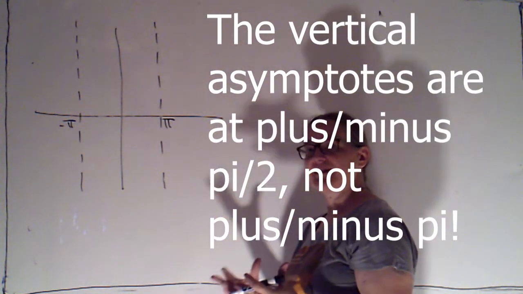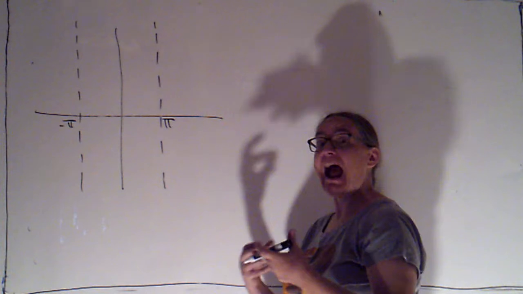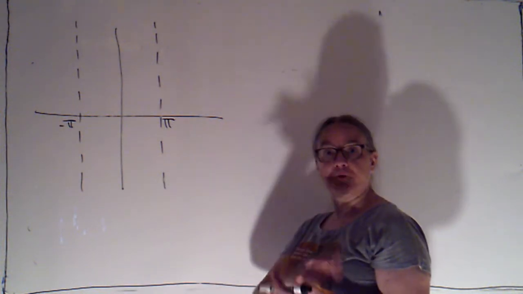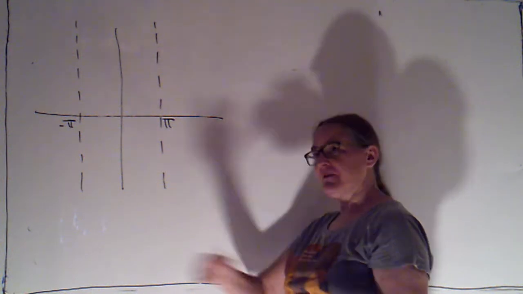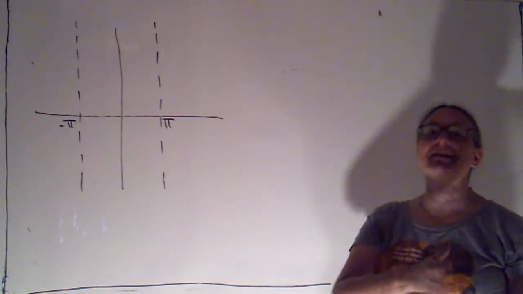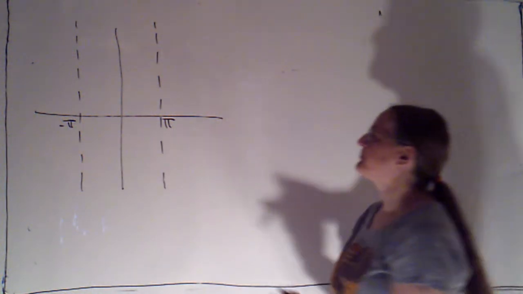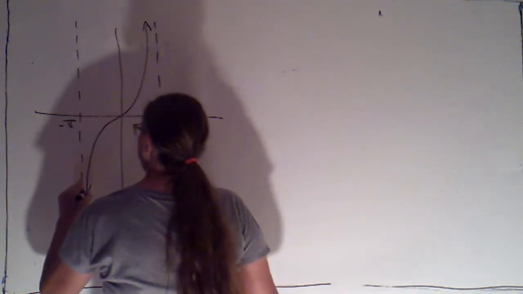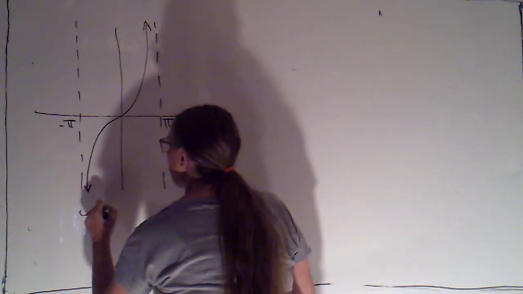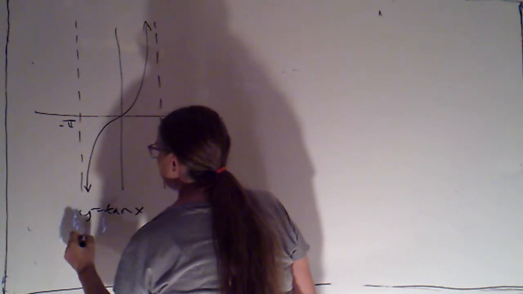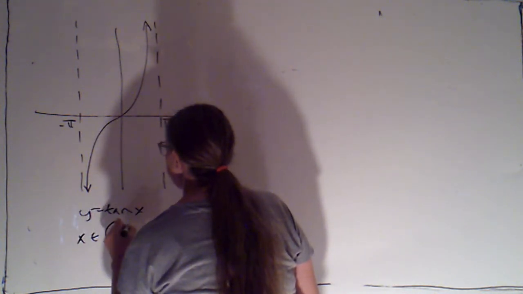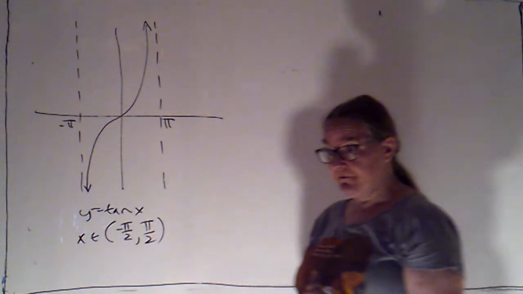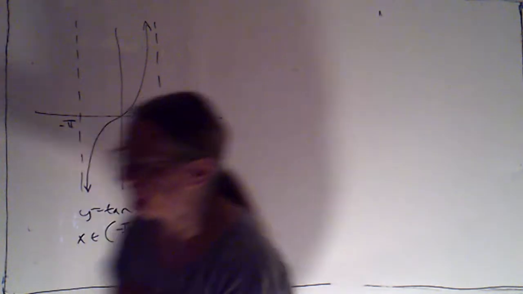When we inverted sine and cosine, we had to take half of a period, because over one full period, even though it does its thing once, it repeats its y values. All right, so this was y equals tangent of x, where x was in the interval from negative pi over 2 to pi over 2. So in inverting that, we want to turn and flip.